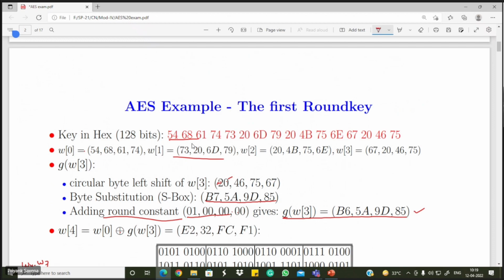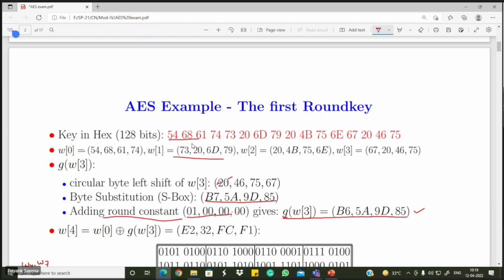When you are going to generate W8, W8 will be equal to W4 XORed with W7. Then W9 will be W8 XORed with W5.